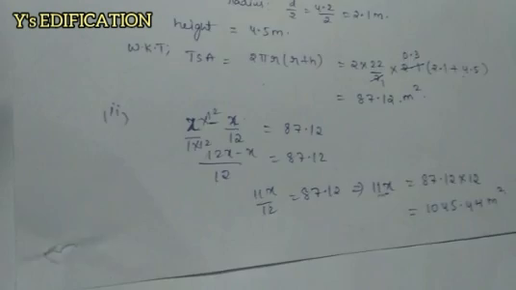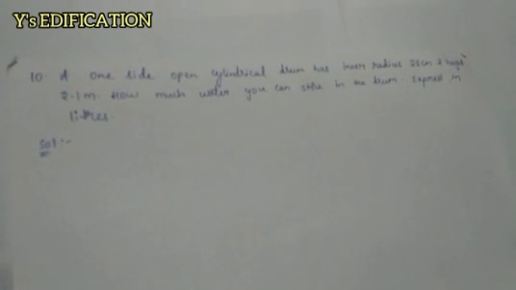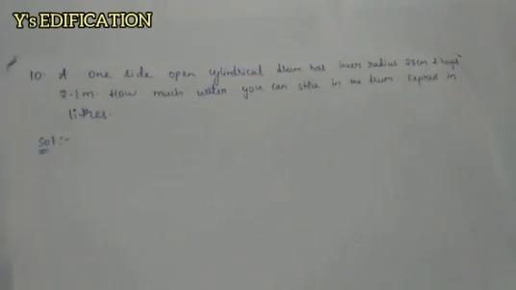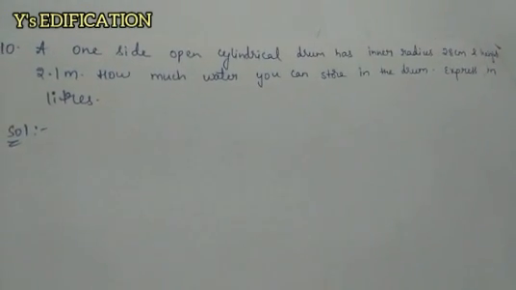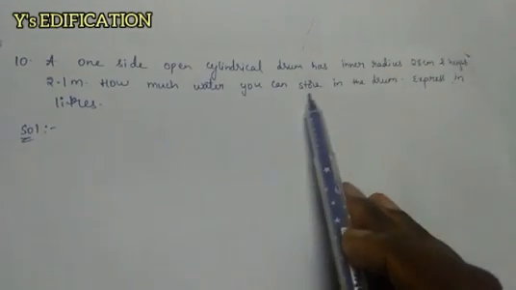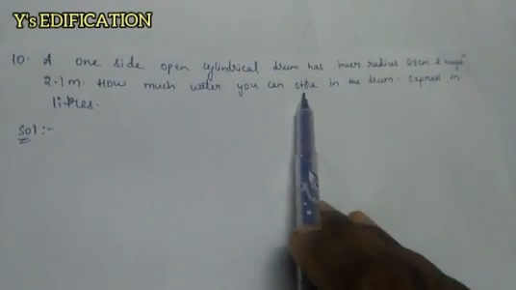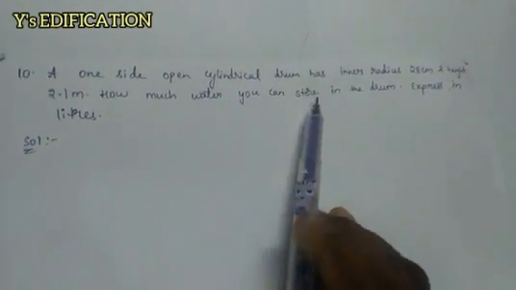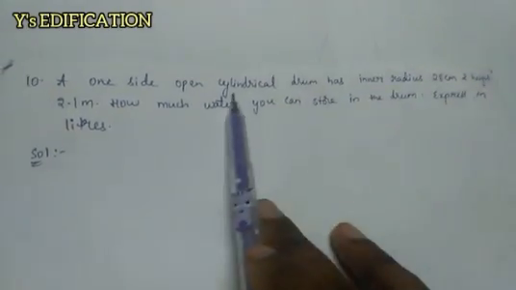Got it? Next one: a one-sided open cylindrical drum has inner radius 28 centimeters and height 2.1 meters. How much water can you store in the drum? Express in liters. Clearly, we have to find the volume of the cylinder.